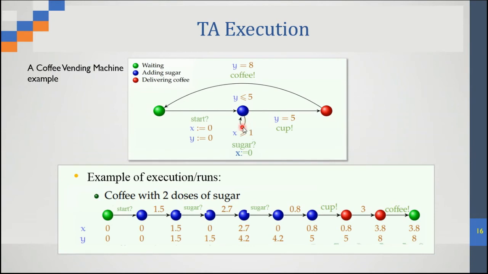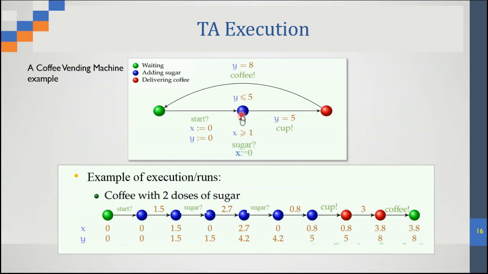So the transition should be more than or equal to 1, and the location is less than 5. Suppose we stay here 1.5.